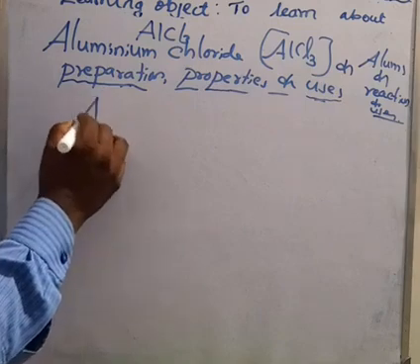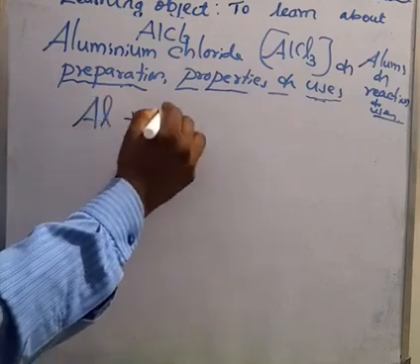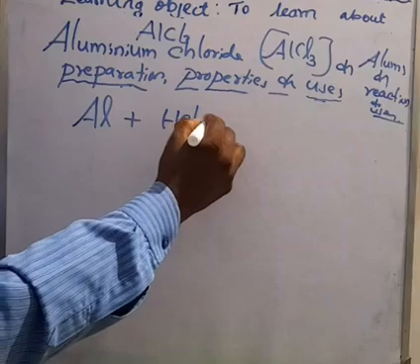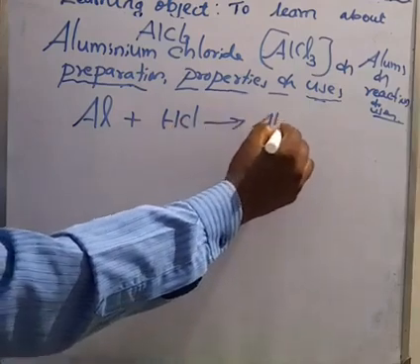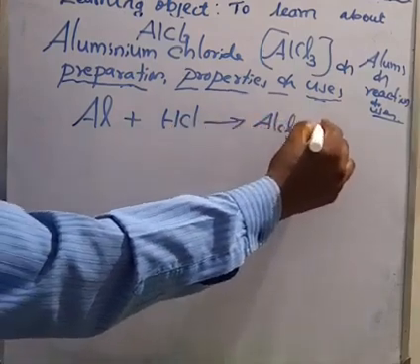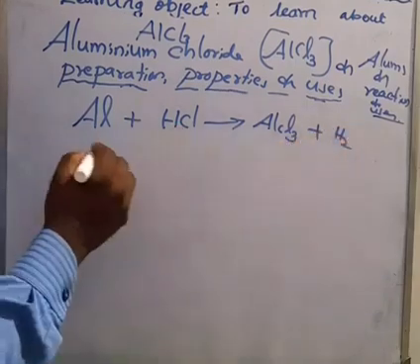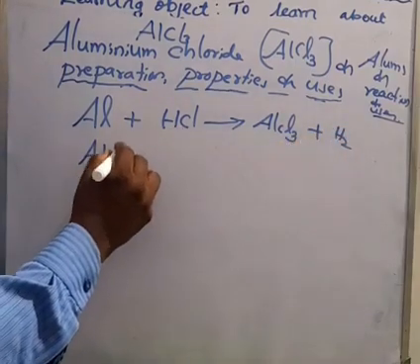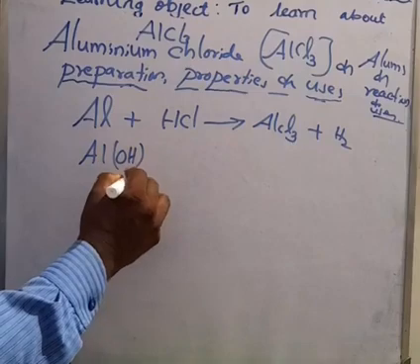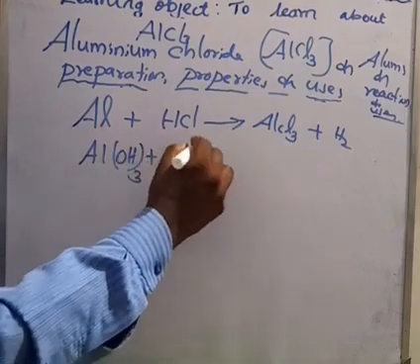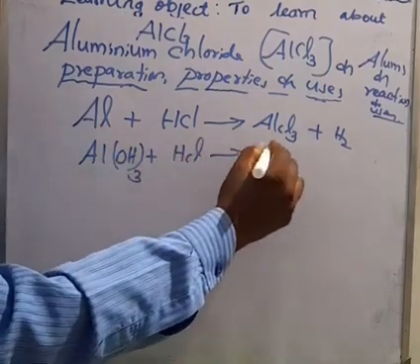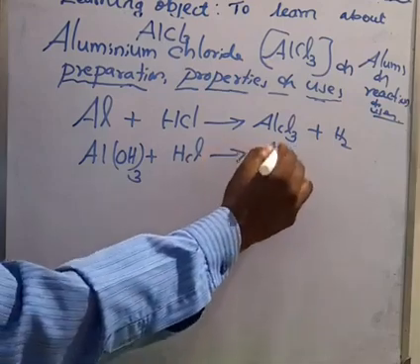Aluminium metal reacts with hydrochloric acid, we get aluminium chloride. Okay, this is one method. Second method, aluminium hydroxide reacts with hydrochloric acid, we get aluminium chloride and water. Okay, these are the two methods we have.